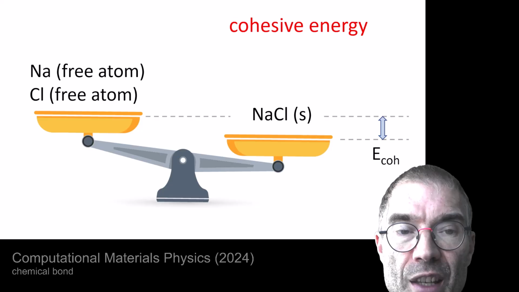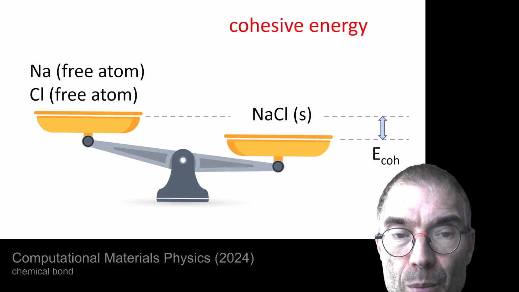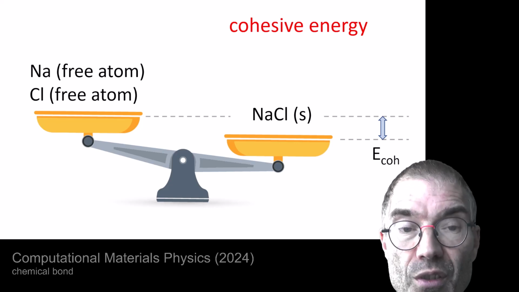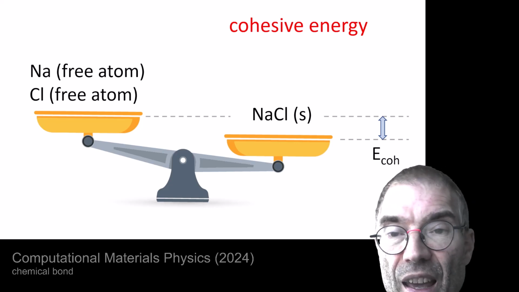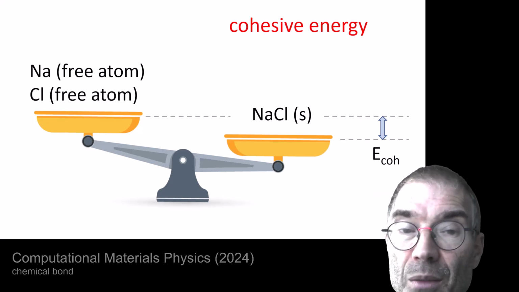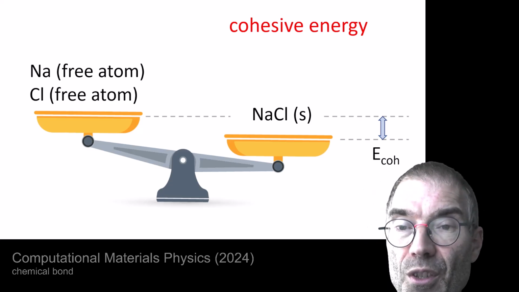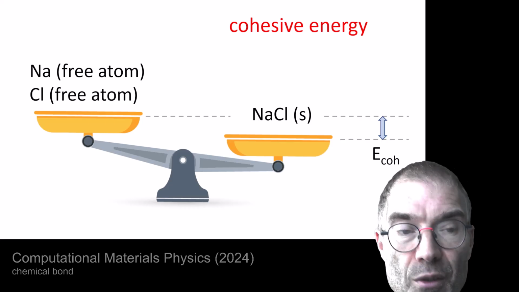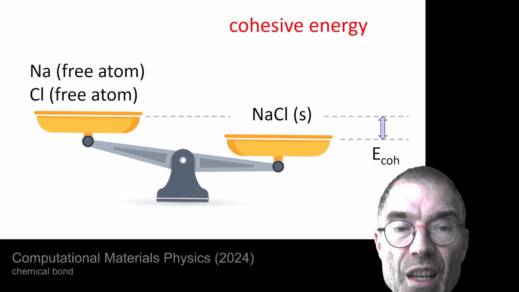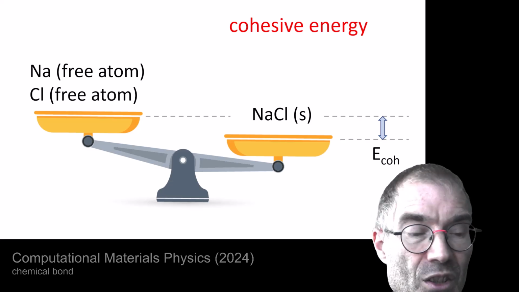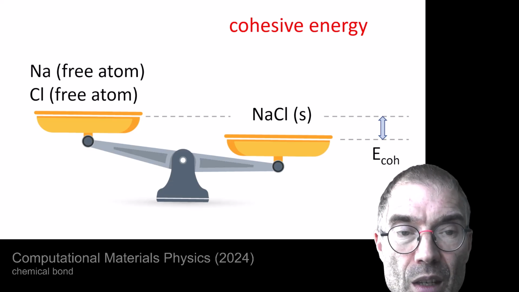Cohesive energy is the energy difference between a crystal, say rock salt, sodium chloride, and the atoms that make that crystal, but as free atoms. So free sodium atoms, free chlorine atoms. The energy difference between these two situations, that is the cohesive energy.